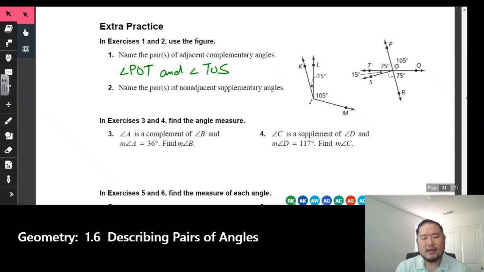Let's go ahead and take a look at number 2. It says name the pair or pairs of non-adjacent supplementary angles. Remember, if they're non-adjacent, they are not next to each other. You may have several answers right here.